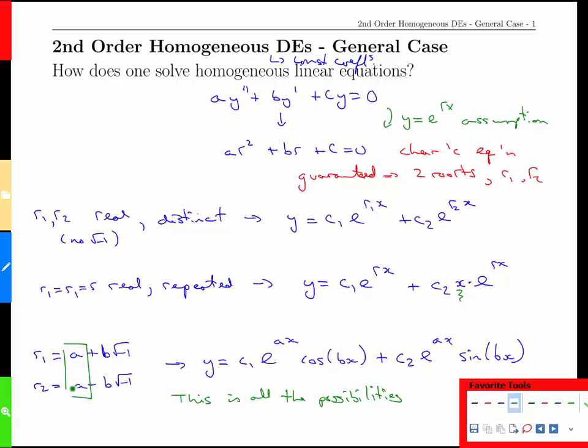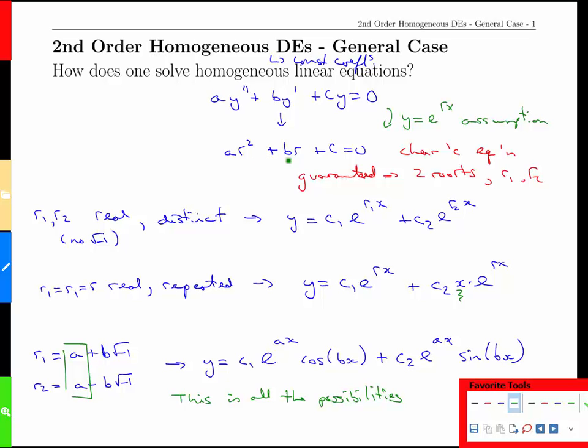We have covered every single possibility for a second order linear differential equation because we know exactly how to solve every single possible second order quadratic equation without derivatives, simply by finding roots with the quadratic formula.